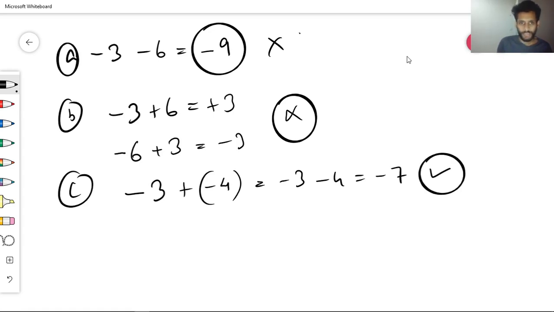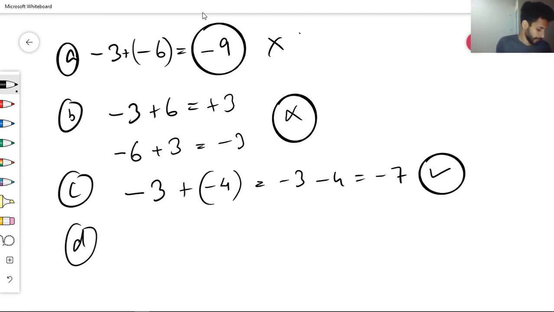Whatever number you take in these values, the result will always be a negative number. Here it was said it should be a positive integer, here it was saying that it should be a negative integer, and this one is correct, this one is wrong.